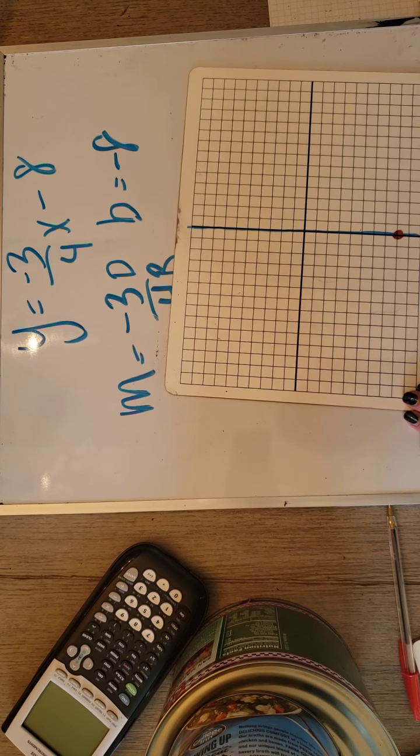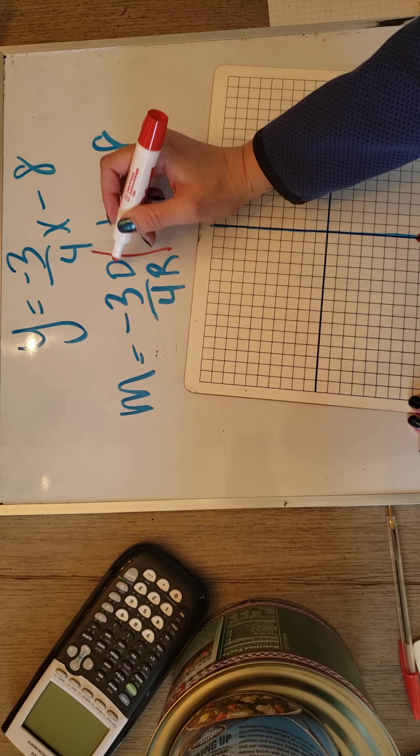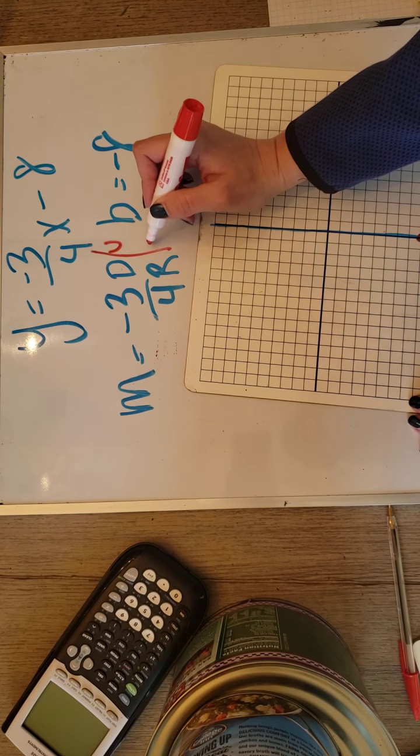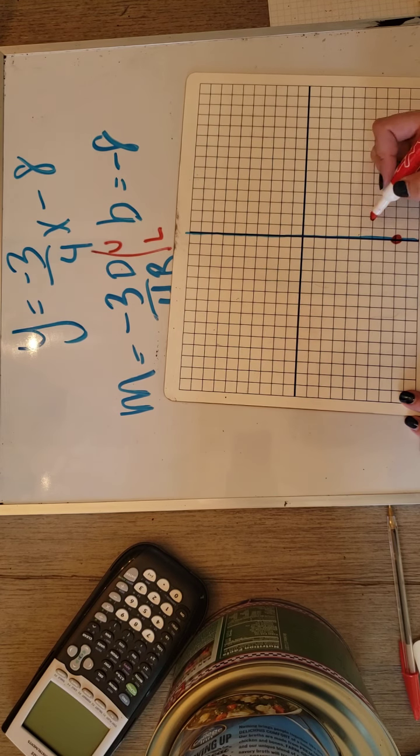So when you can't go down or up the amount that you need to, you reverse both of these. So the opposite of down is up, the opposite of right is left. So I'm going to take my dot, and instead of going down 3 because I can't, I'm going to go up 3.